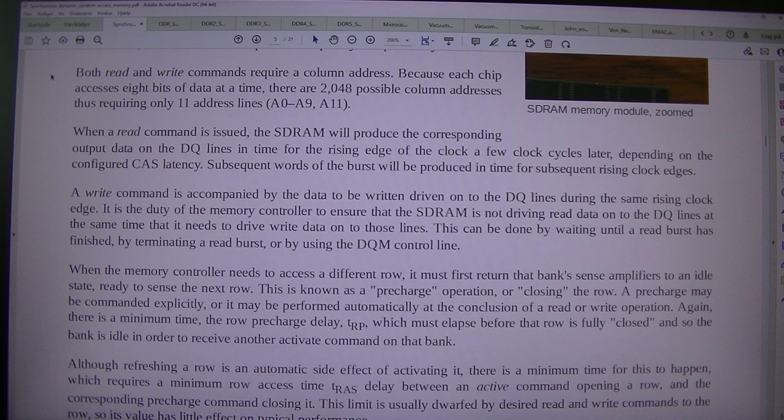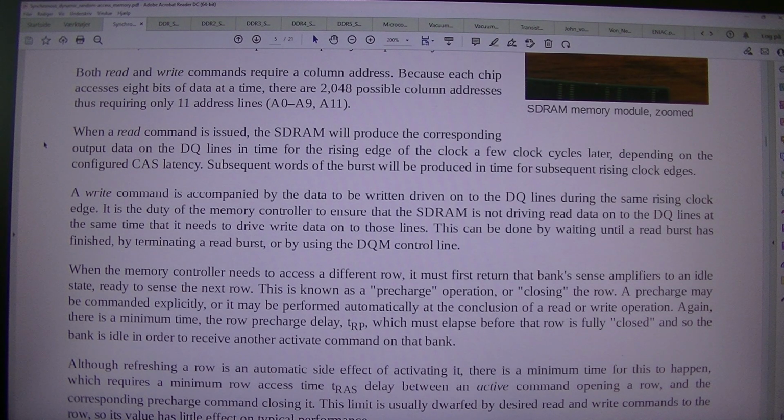When a read command is issued, the DRAM will produce the corresponding output data on the DQ lines in time for the rising edge of the clock a few clock cycles later, depending on the configured CAS latency. Subsequent words of the burst will be produced in time for subsequent rising clock edges.